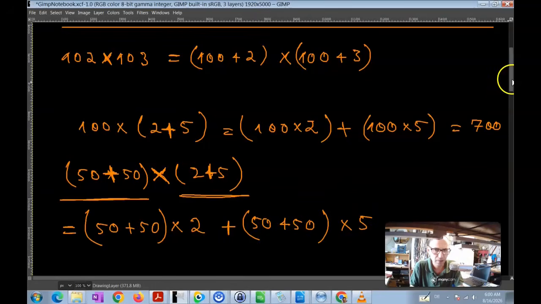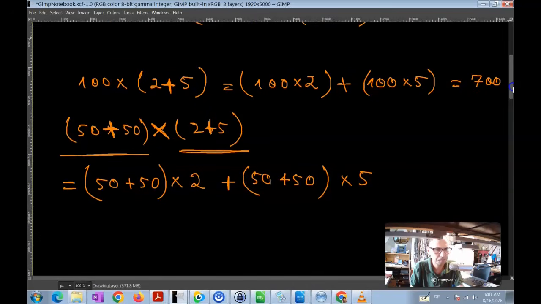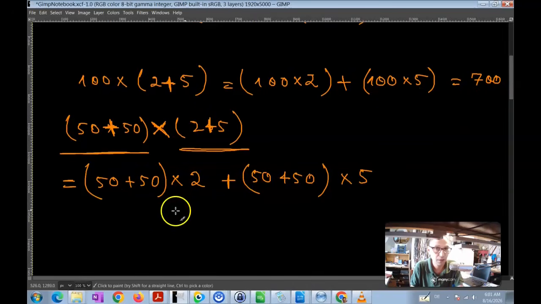And then basically I could again expand this, meaning that it's still essentially multiplication and addition. So then multiplication distributes over addition. So then I could say that this is 2 times 50, this is 2 times 50.